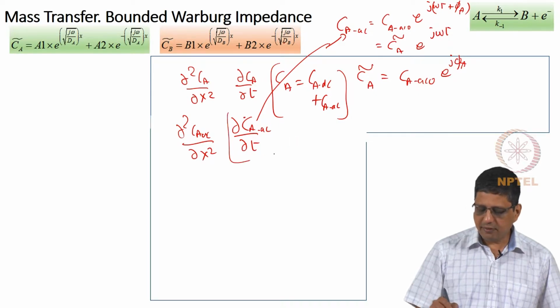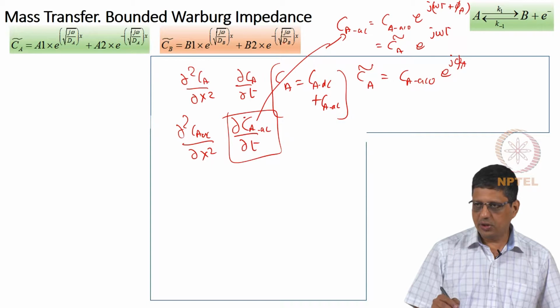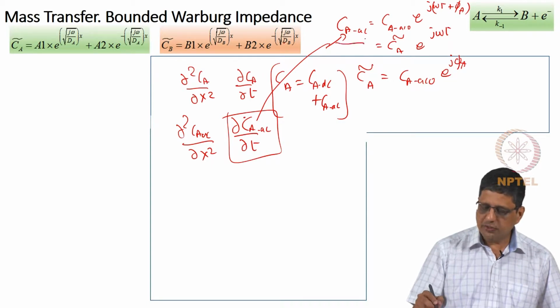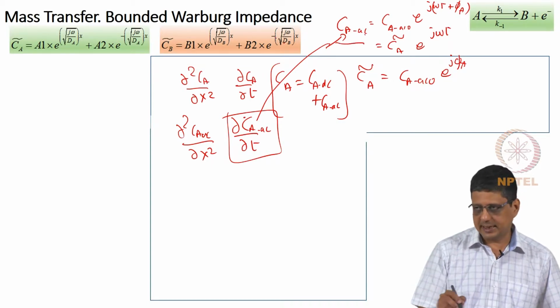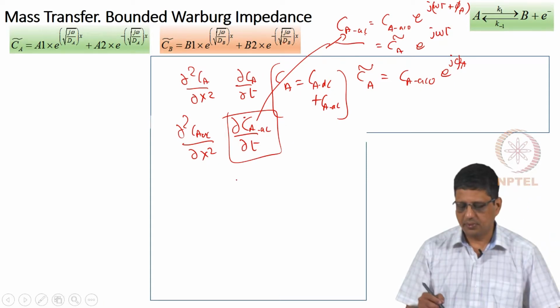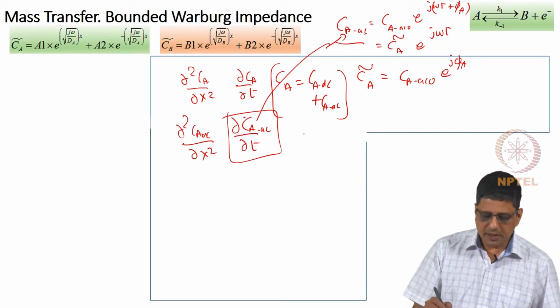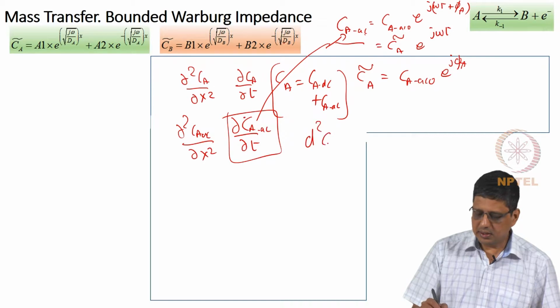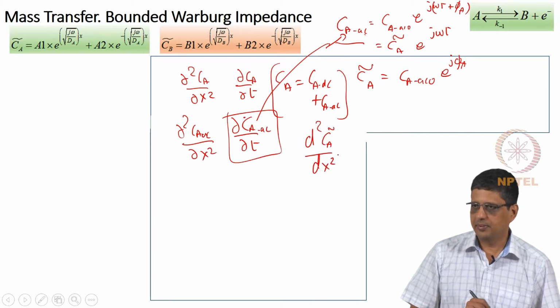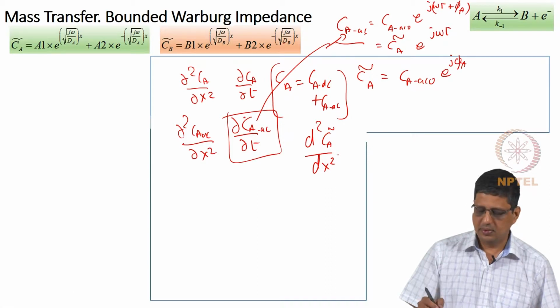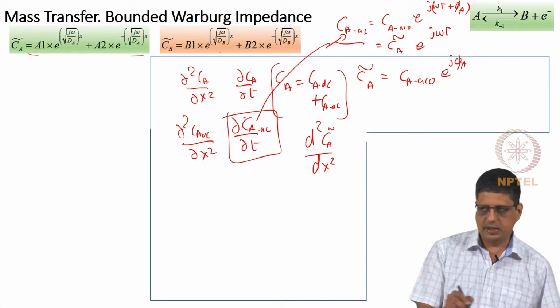That means, we have a form for this, therefore, we are supposed to find how Ca AC depends on x. Then this became an equation in Ca tilde, and that is how we got these solutions.